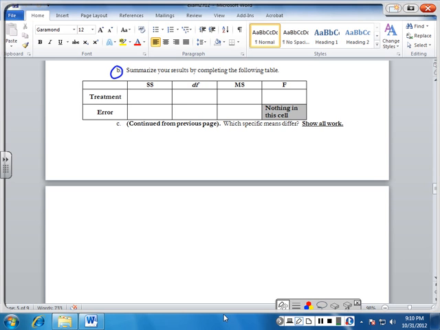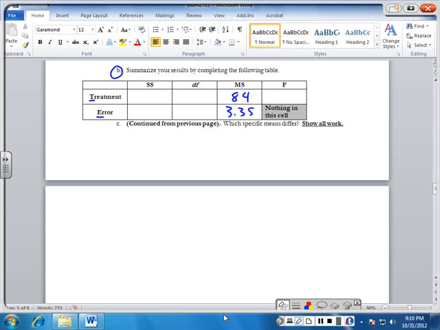Well, anyway, we have treatment and error. Degrees of freedom for the treatment, degrees of freedom for the error. Okay, so mean square treatment, that's 84. We already computed MSTR. MSE, 3.35.